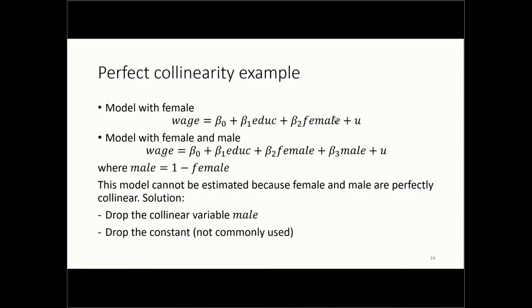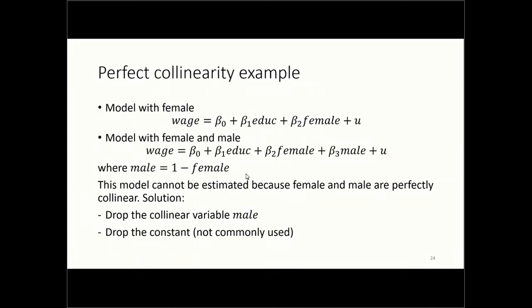So if we try to have a model that has both female right here and male as independent variables, where this male would be equal to 1 minus female. So notice that male plus female sum up to 1 because in the sample you have to be either male or female. So if it's 0 for female, it would be 1 for male and vice versa.